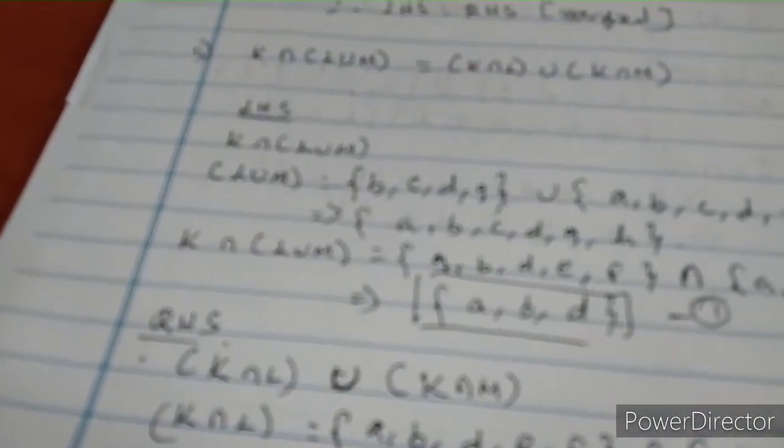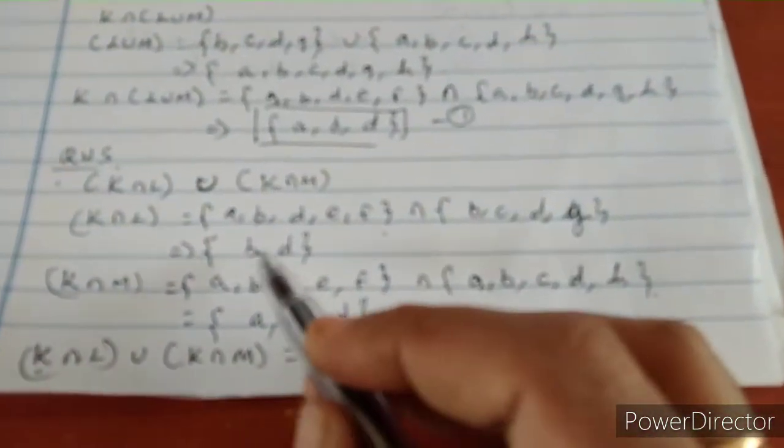Now your final answer is K intersection L union K intersection M. K intersection L is B and D and K intersection M is A, B and D. What is meant by union?